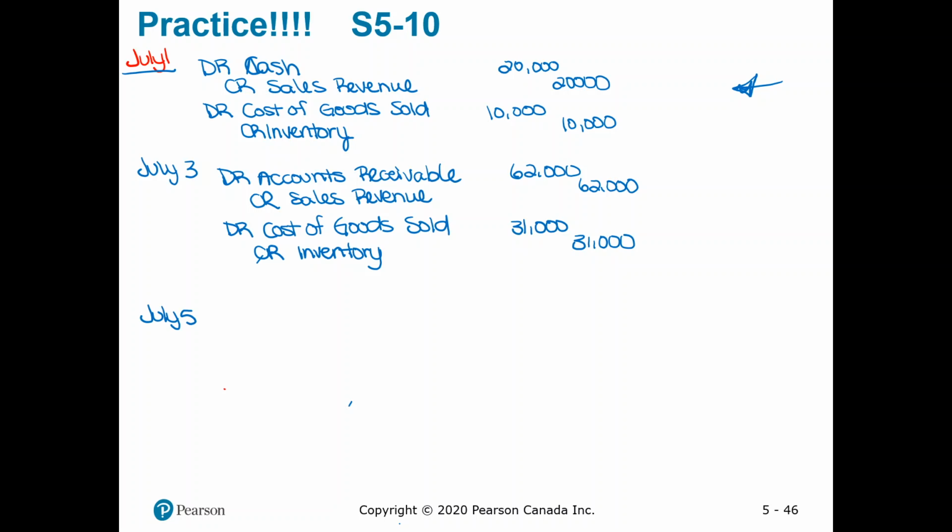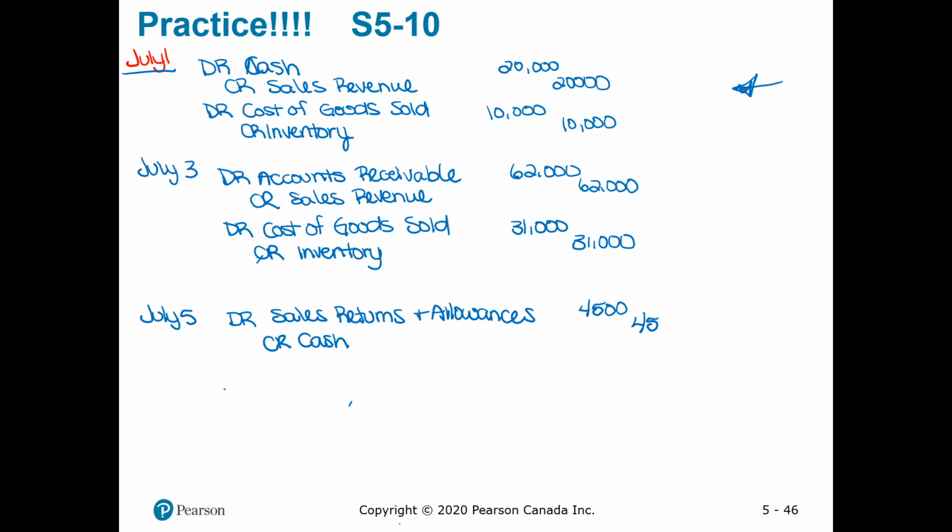July 5th. First, it's a return, so we need to reduce the revenue, but we do this through the contra account. So we debit sales returns and allowances, goes into that account. But we're giving them money back, so we're going to credit cash because they actually have paid us for this already.